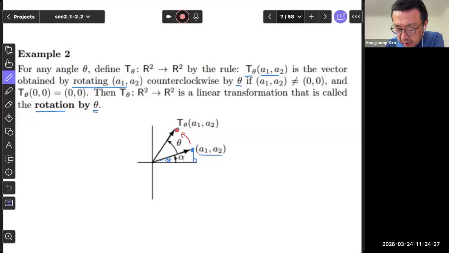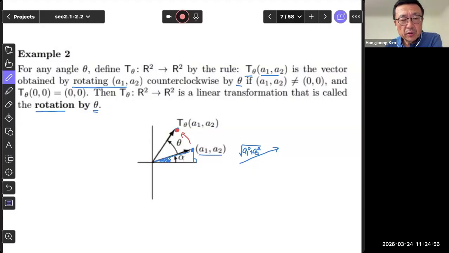So this angle is alpha. Then given this right triangle, the length of the arrow, by the Pythagorean theorem, is the square root of a1 squared plus a2 squared.